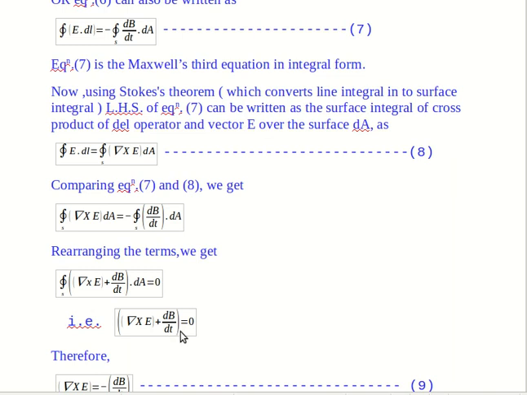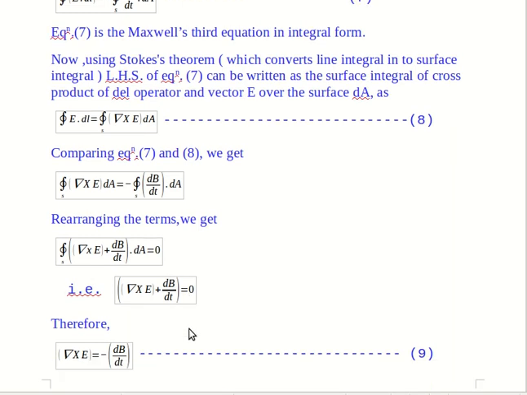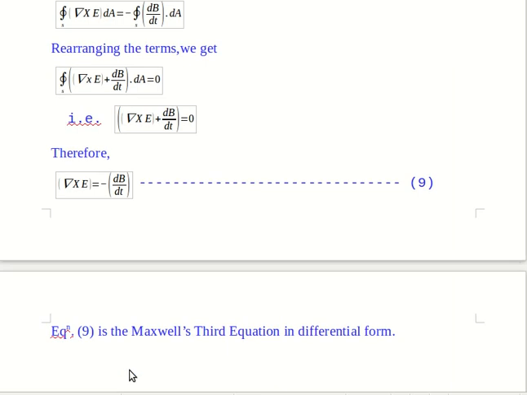Therefore one can write del cross E is equal to, you transfer this to the right hand side, minus dB by dt. And note that this equation 9 itself is the Maxwell's third equation in differential form.